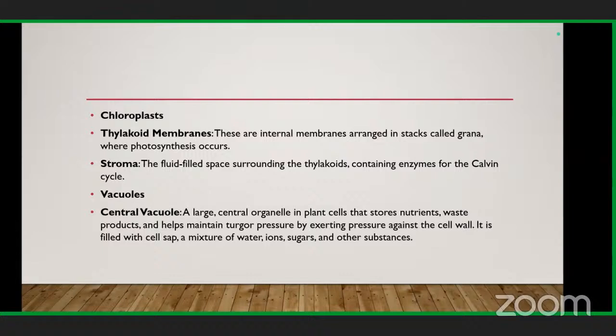Next organelle is the vacuole. There is a central vacuole, a large central organelle in the plant cell that stores nutrients, waste products, and helps maintain turgor pressure by exerting pressure against the cell wall.